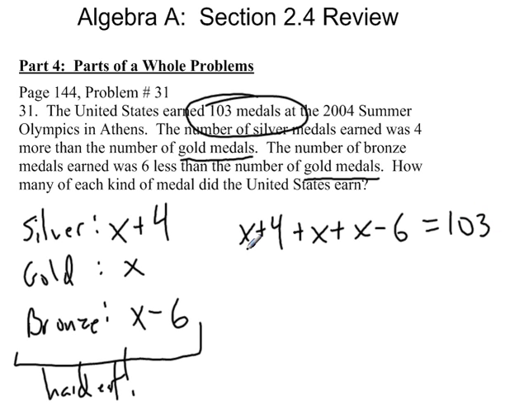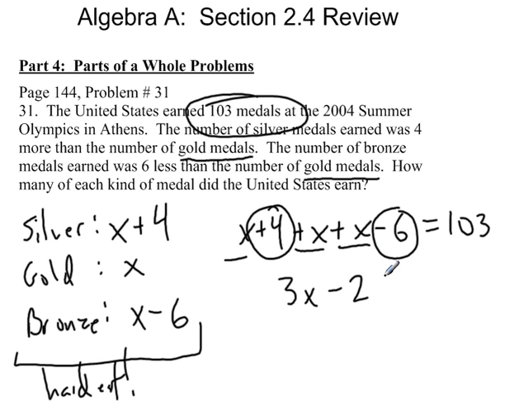I need to combine my like terms. I have x plus another x. That's 3x. Positive 4 minus 6 is negative 2 equals 103. I'm going to add 2 to both sides, giving me 3x equals 105.